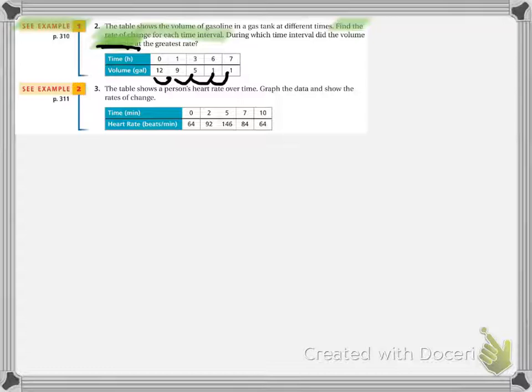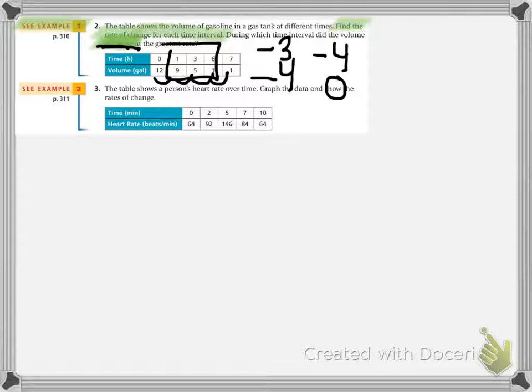So from 0 to 1, it went down 3 gallons. From hour 1 to hour 3, it went down 4. From hour 3 to hour 6, it went down another 4. And then from 6 to 7 it went down none. So that means that from 1 to 3 and 3 to 6 it went down 4 gallons.